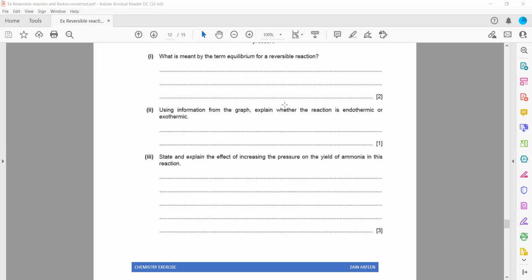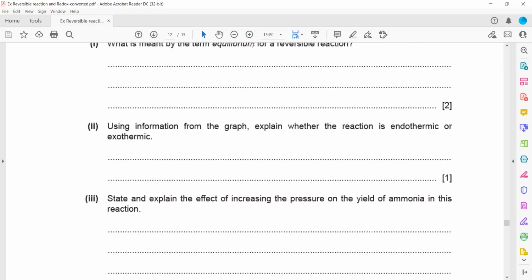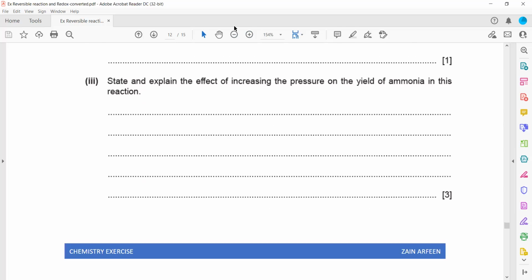The rate of the reaction will increase, but the yield of the reaction will decrease. So the effect of pressure: an increase in pressure shifts the equilibrium towards the side of fewer moles or fewer particles.